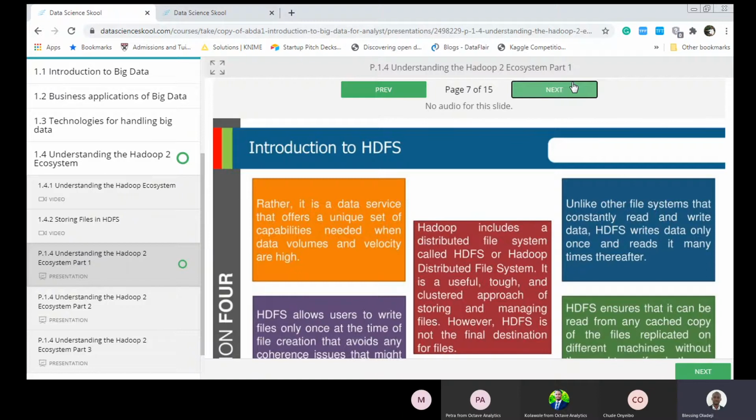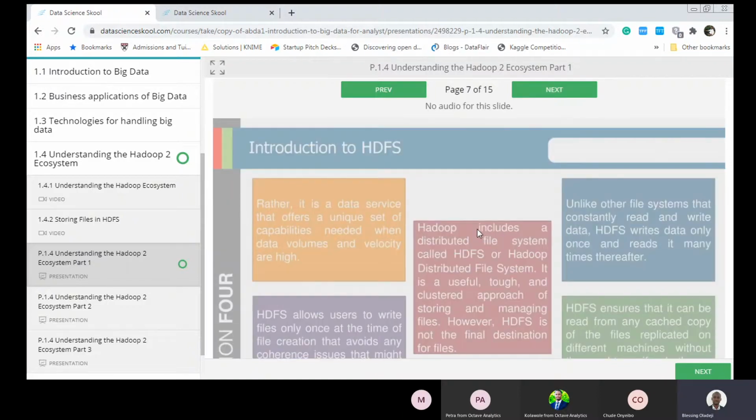Okay, so let's talk about HDFS. HDFS is like a data service that offers capabilities for Hadoop to manage high volume and high velocity data. Another way I can put that is it's like the storage.